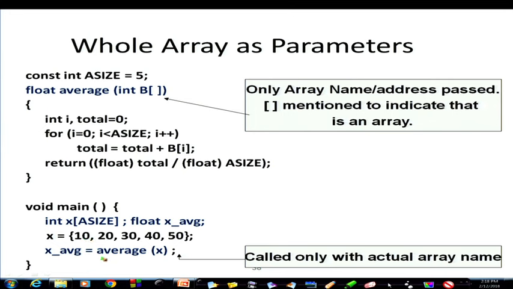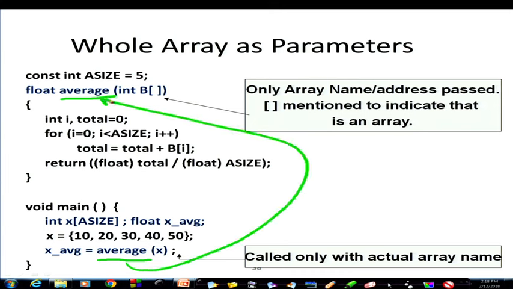x average I will compute, but I am calling this function average from here, and I am passing x. What is x? x is an array, and that is appearing just as a variable here, and that is being accepted as b.